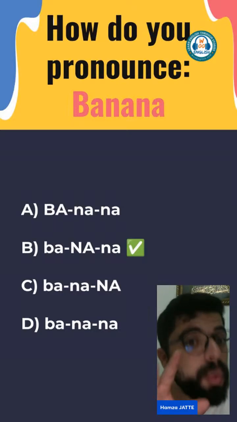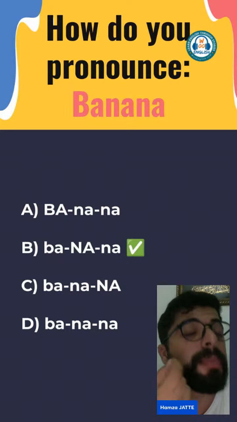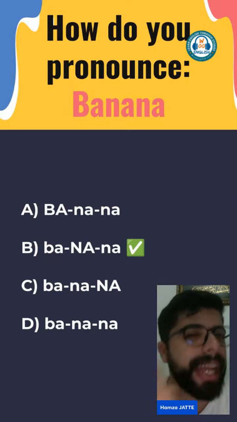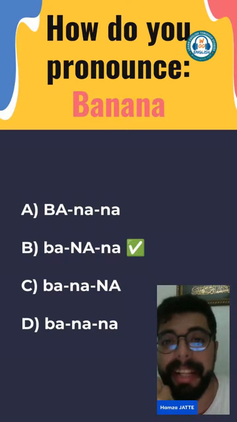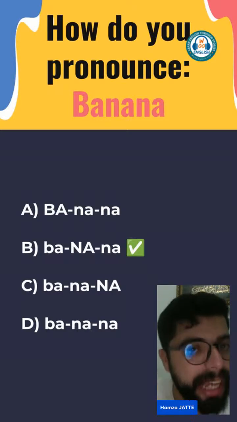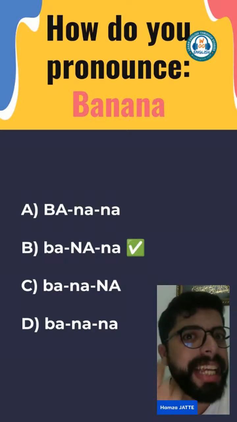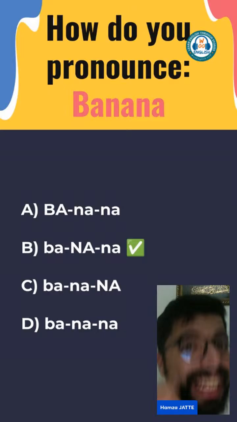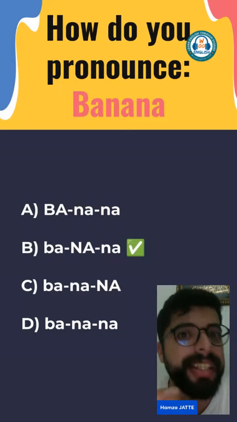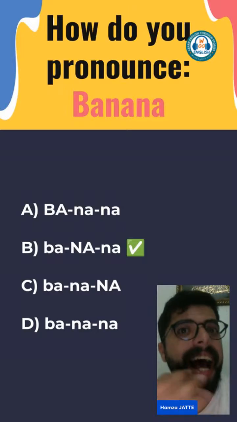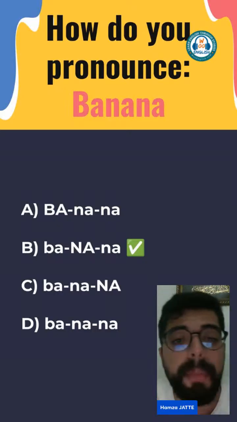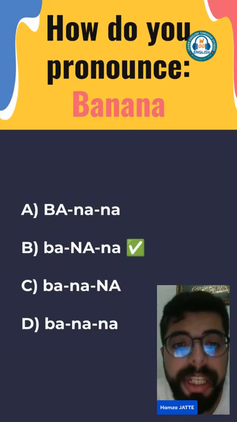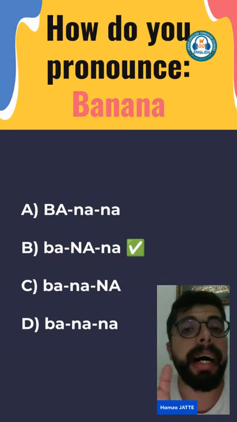You notice even the word today, I put more stress in the second syllable, day, than in to, right? So I have eaten a delicious banana today. Delicious, right? You notice that even for the word delicious, I'm putting more pressure.